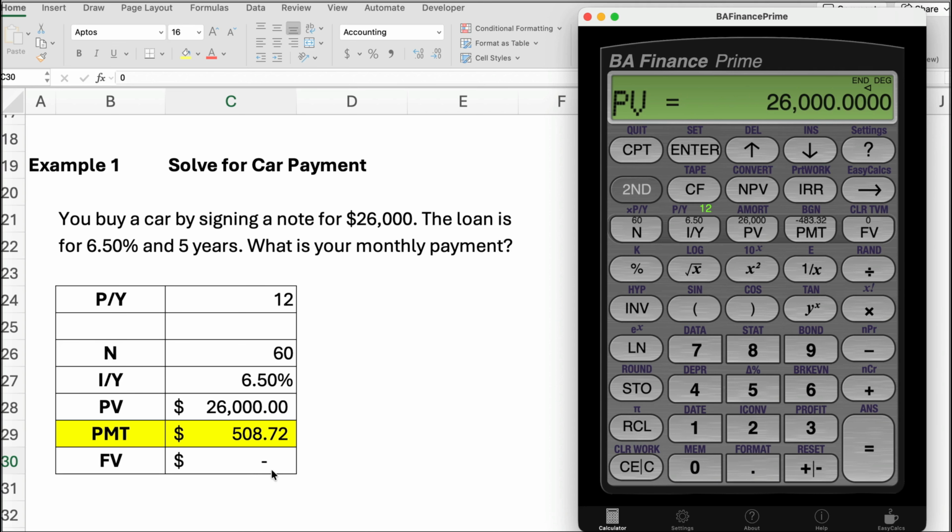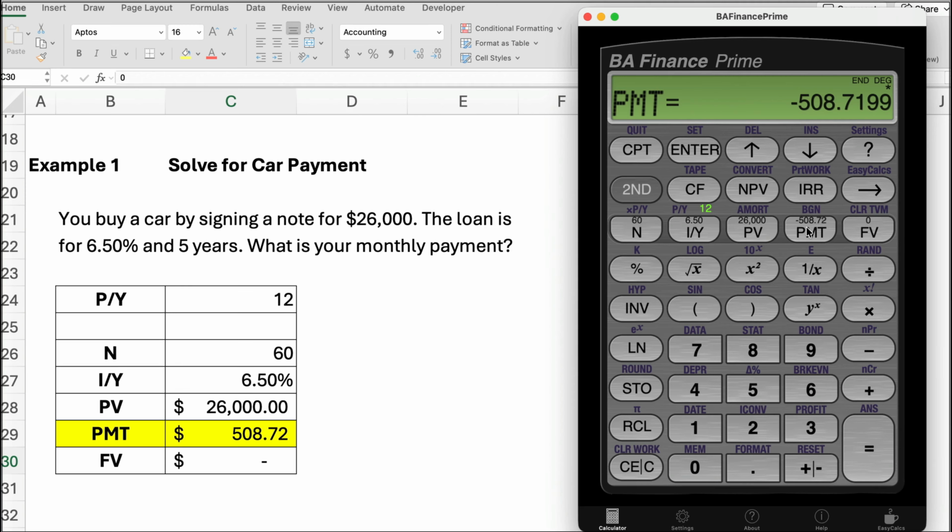Now, if 0's there, we need to enter 0. 0 is the future value, and so let's compute the payment. The payment is $508.7199, so it's 72 cents. So if we have a $26,000 loan at 6.5% for 5 years, our monthly payment is going to be $508.72.